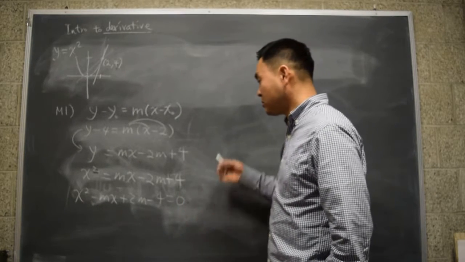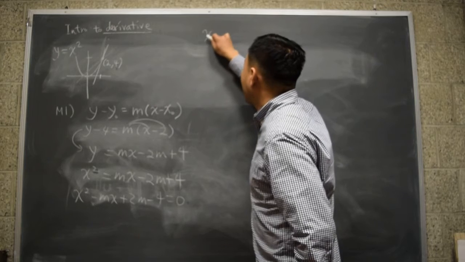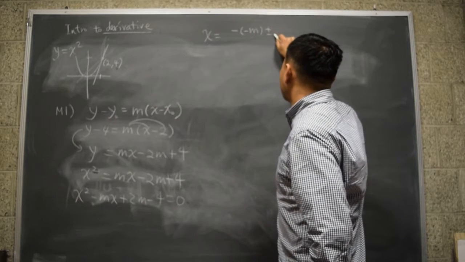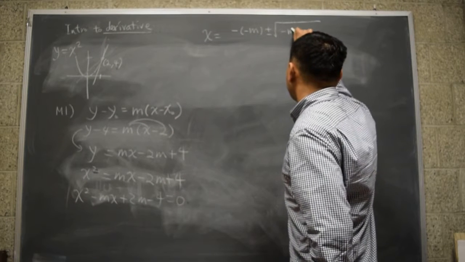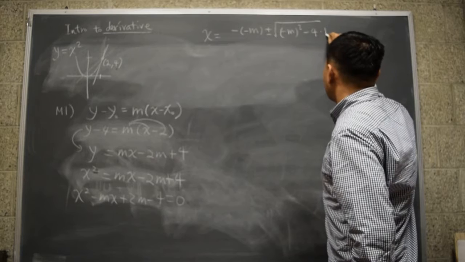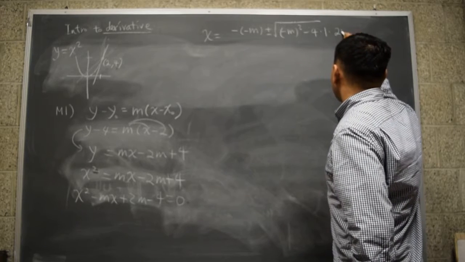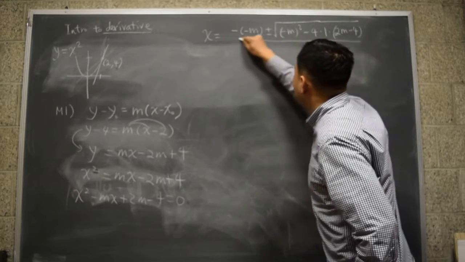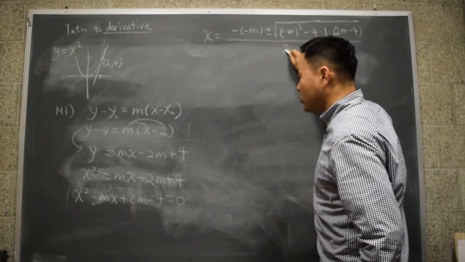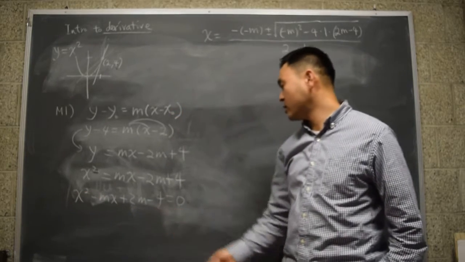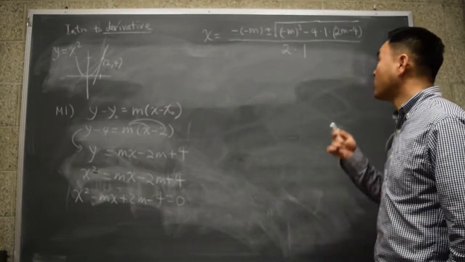You use the quadratic formula, right? So you say x equals negative of negative m, plus minus the square root of negative m squared minus 4 times 1 times 2m minus 4, over 2 times 1. Because a is 1, b is negative m, and c is 2m minus 4.